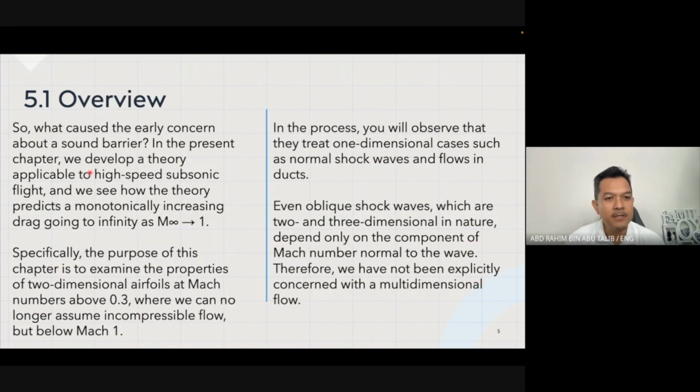So what caused the early concern about the sound barrier, when we see an increase in the drag?